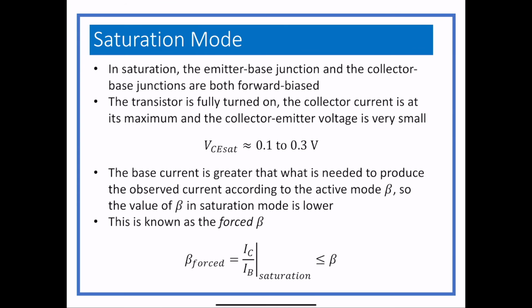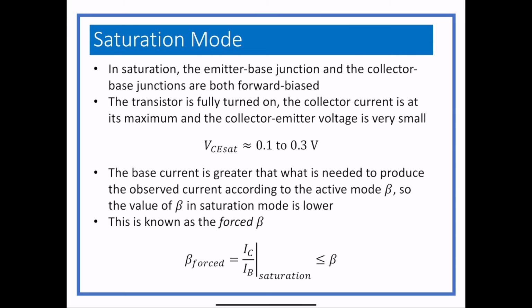We have to just take IC over IB in saturation, and that gives you the value of beta in that mode, and it will be less than the value of beta given in the spec sheet. So something has to change as far as relating input, output, and having KVL and KCL and all this stuff work. So beta is the parameter that changes to accommodate that value.